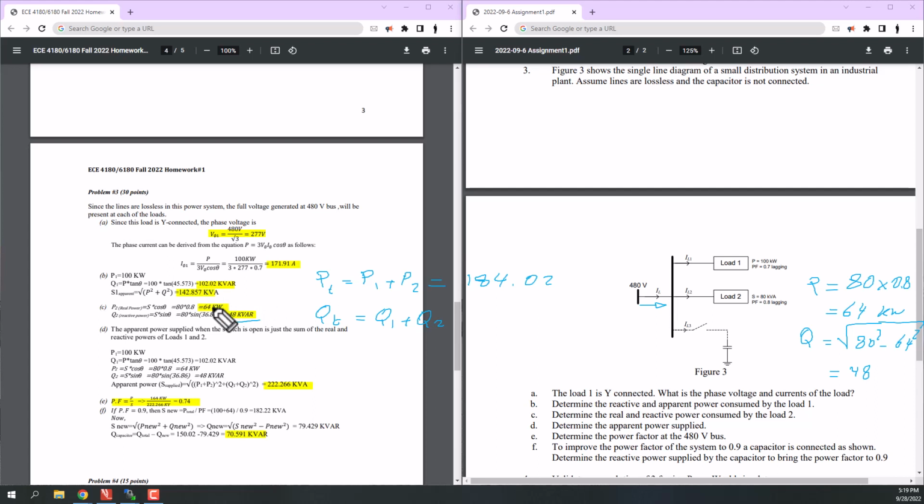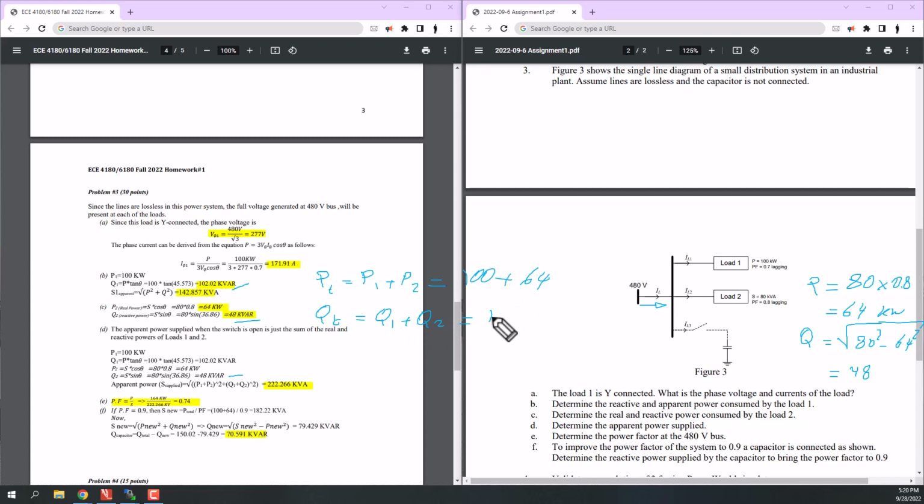Oh, I made a mistake here. P1 is 100 and P2 is 64.